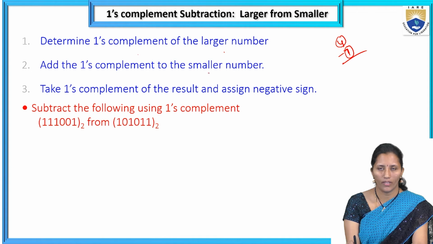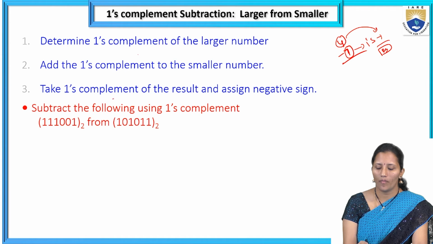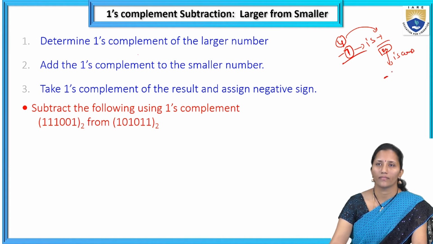Add the ones complement to the smaller number. So take this ones complement and add to this one. You will get some result. Then take ones complement of the result and assign a negative sign.